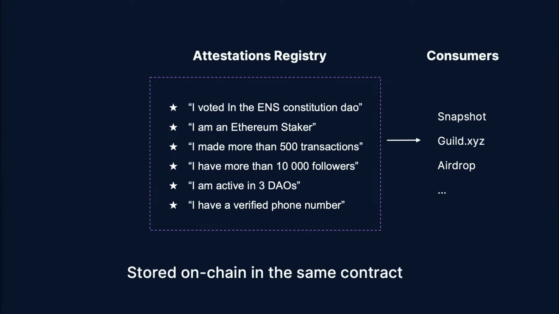For instance, we can have Snapshot-based voting on an attestation, and if this attestation is a ZK attestation, we don't really know who the address is that voted in the ENS Constitution DAO, so we will have totally private voting. You could also have gated channels with Guild.xyz or private airdrops and so on.